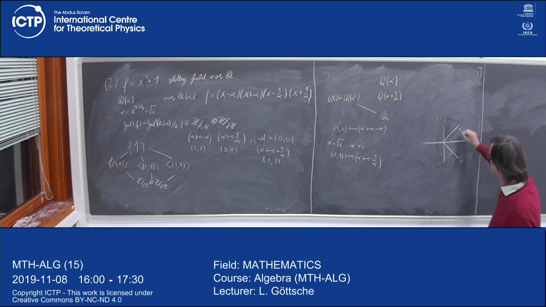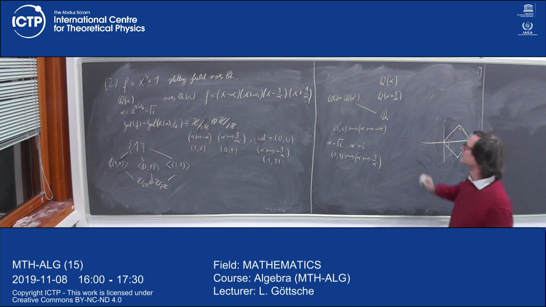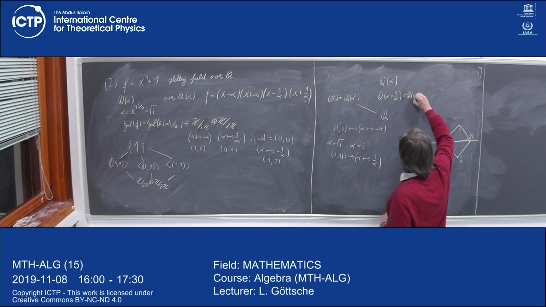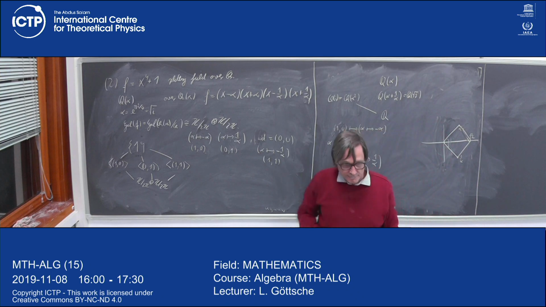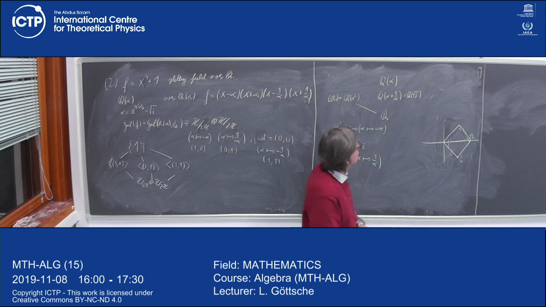And what's the sum? We make the corresponding parallelogram like one does in physics. So this is this plus this. This is a square, and so this thing is just square root of 2. Therefore this is the same as Q of square root of 2. And again we see the degree of this over this is 2, as the index of the subgroup, so that's fine.